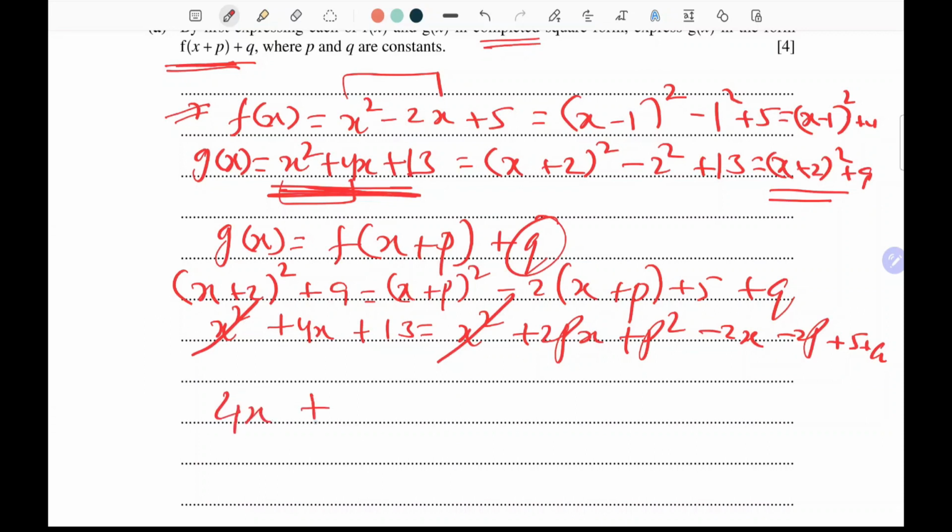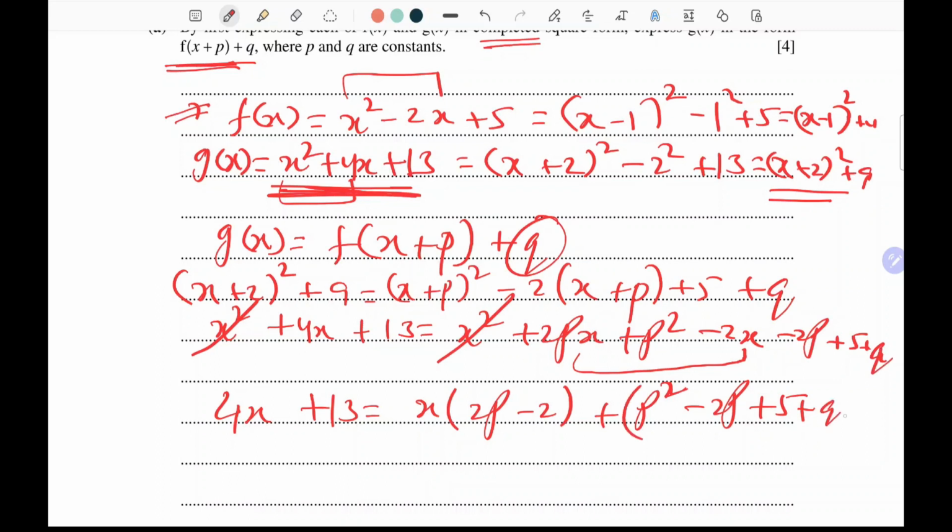So here you have 4x + 13, and can we take common x from here? So this is (2p − 2)x, and what are the constant terms? That is p², from here −2p, from here 5, and from here q, so this will be constant.